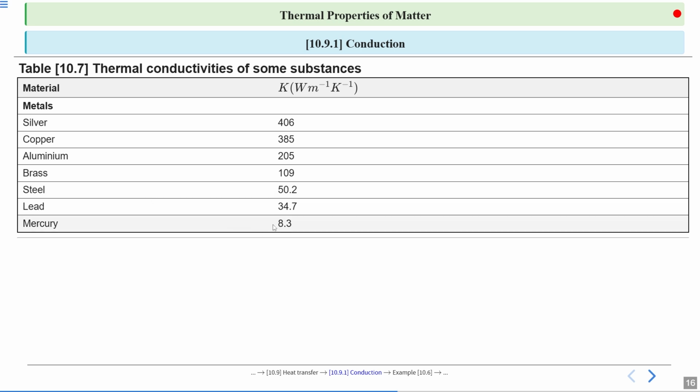Mercury. All right, but we use copper because silver is too costly. So copper is also a good thermal conductor. So for thermal conductivity we use copper.